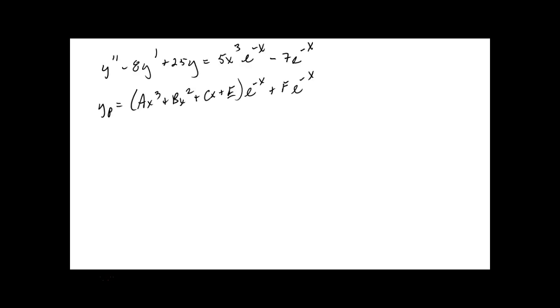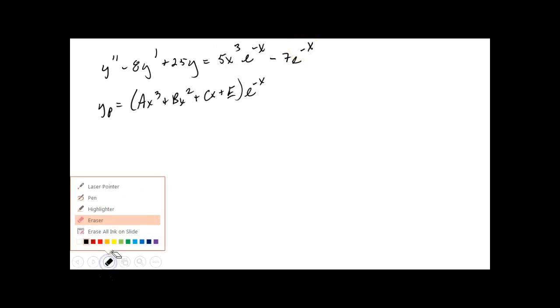All right. So the particular solution, yp, is ax cubed plus bx squared plus cx plus e, times e to the minus x. Oh my. Okay, I'm sorry. For some reason I was thinking those are two different exponentials. You don't need this. I was thinking one of those was a plus and one was a minus. They're not. I wrote them as if they were.